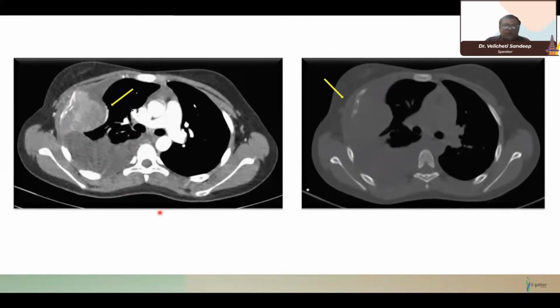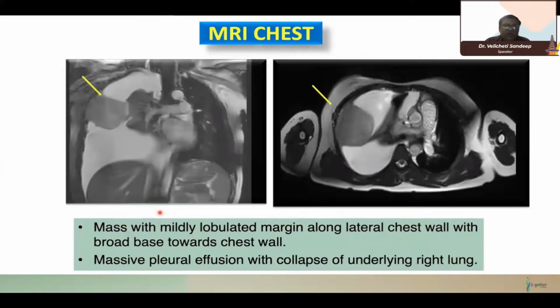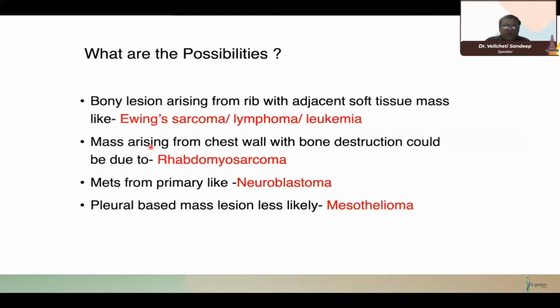So we thought we might be dealing with some small round cell tumor considering the age. We also took some sections of MRI which beautifully differentiated the collapsed lung. The plain MRI itself is showing the tumor beautifully, surrounded by malignant effusion and passive collapse. So what are the possibilities?